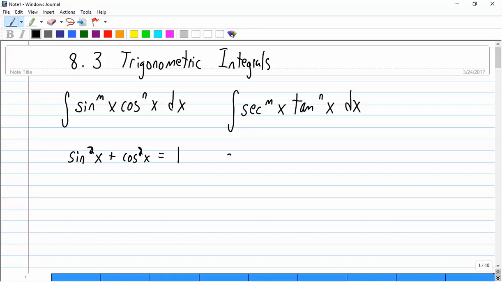They are sine squared x equals 1/2 times 1 minus cosine 2x, and cosine squared x equals 1/2 times 1 plus cosine 2x.